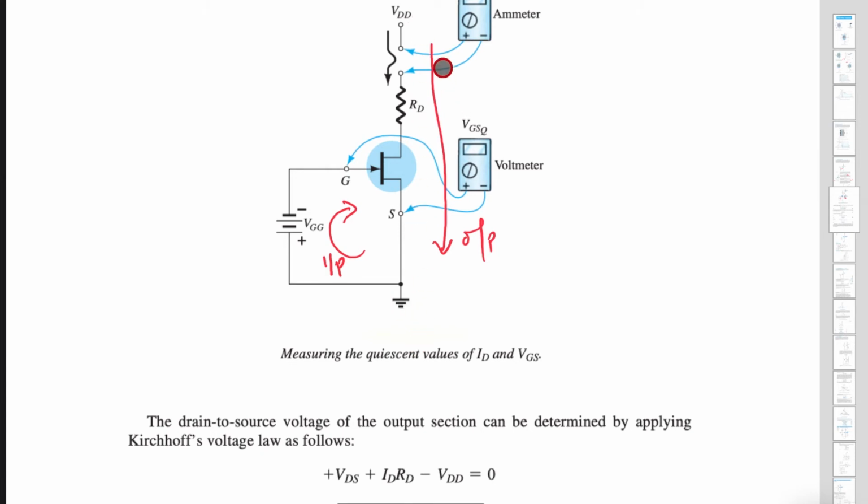You move in that direction, and that is your KVL. So here this is minus VDD because you are exiting positive. So here if it is positive, you are coming in this direction, so you are entering negative, exiting positive. It means this is plus.